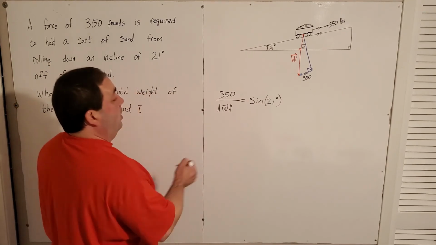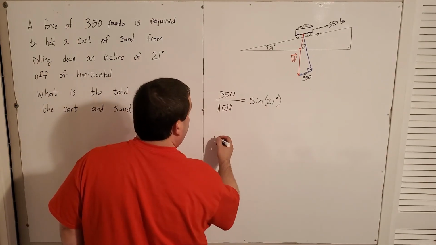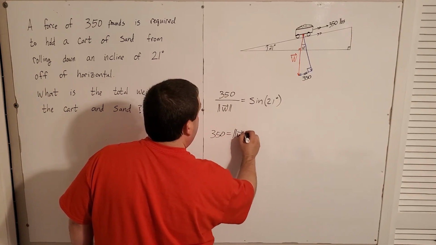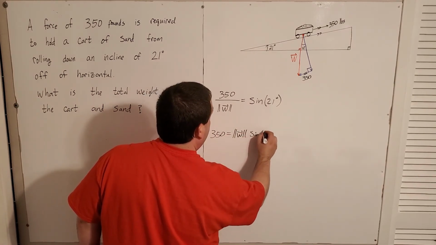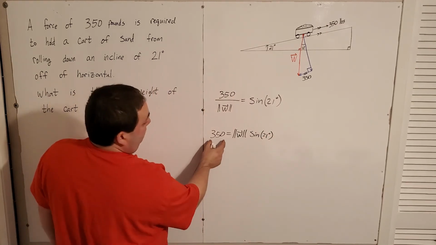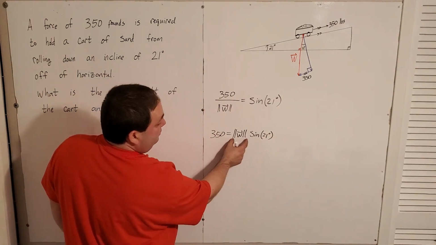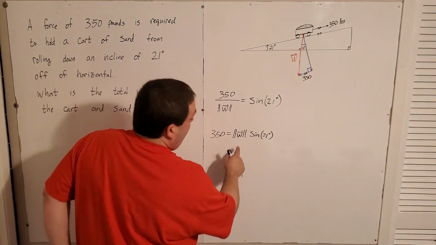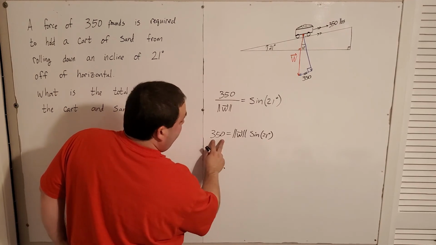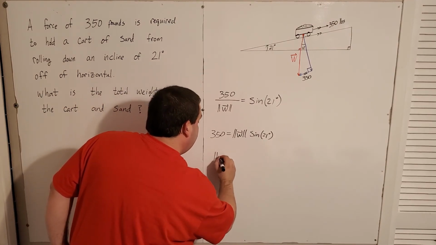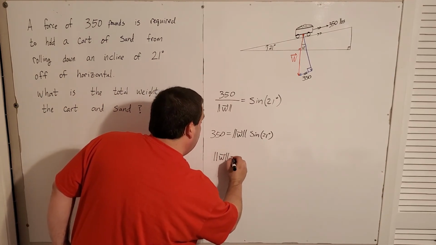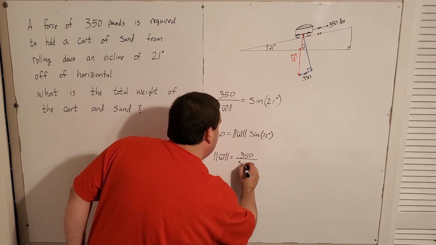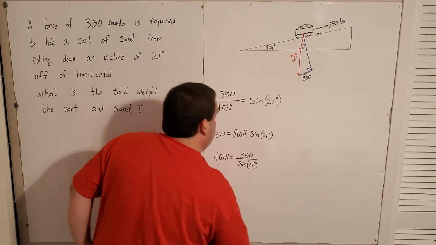So I'll multiply both sides by the magnitude of W. And we've actually already seen this particular setup: a component of a vector is equal to a magnitude times the sine. But I want to solve for the magnitude here, so I'm going to divide. The magnitude of W is equal to 350 divided by the sine of 21 degrees.